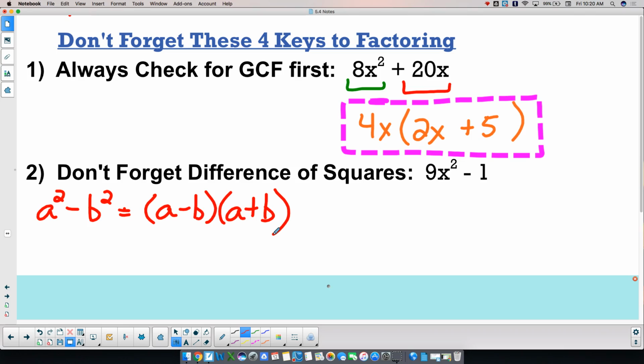It might help for you to write down on the side, on a side column, the perfect squares. Okay?